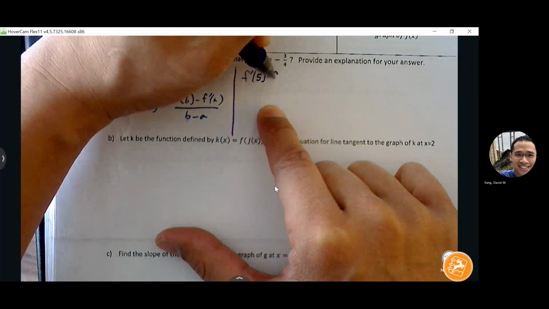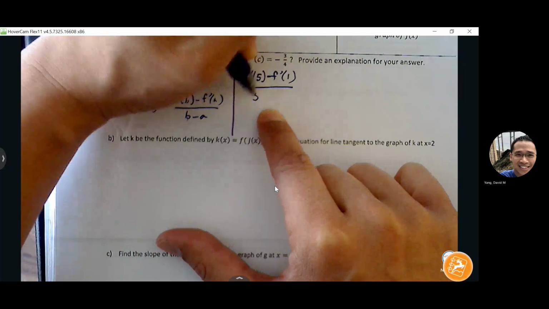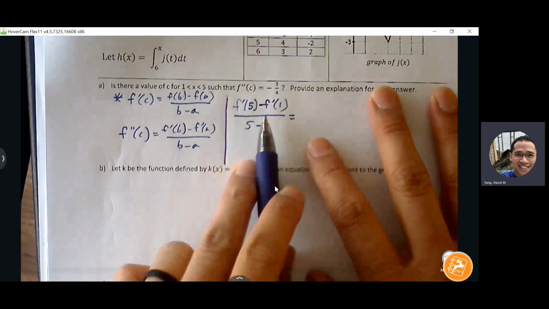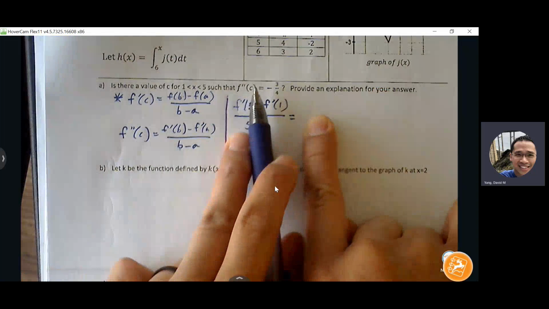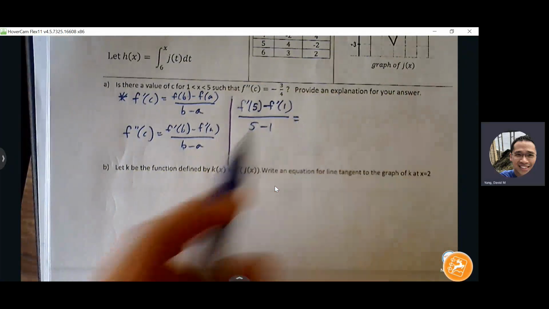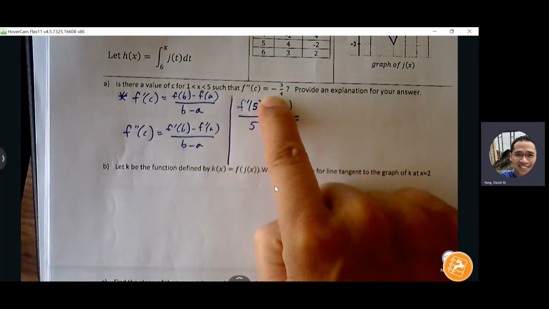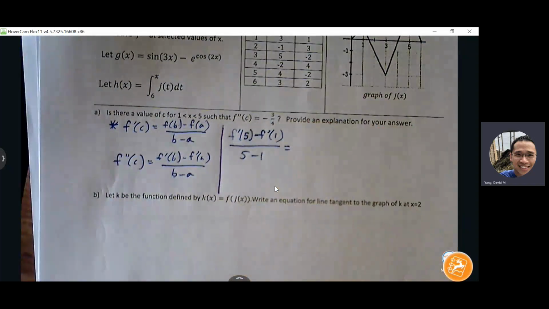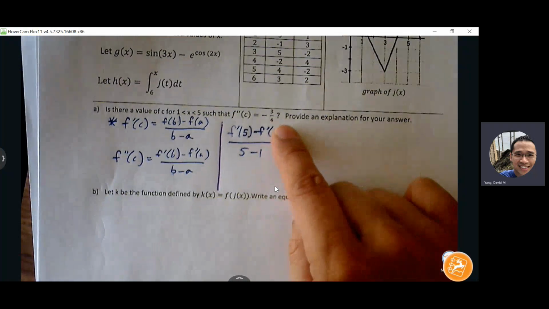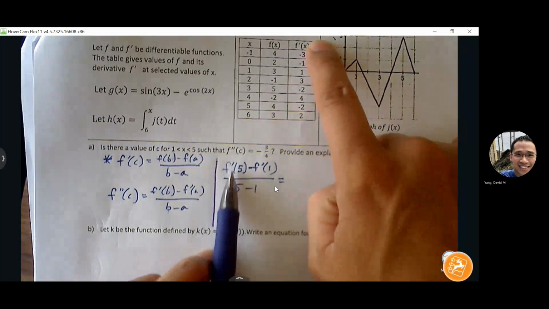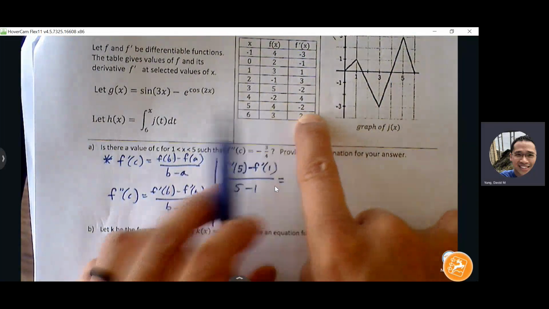So we're just testing to see if this will work out. If this is equal to -3/4, then we know we're in the clear. We can say that by mean value theorem, there must be a place where f double prime is equal to -3/4, but we have to confirm that this is actually going to be true. Is the slope between f prime of 1 and f prime of 5 actually going to show us a second derivative value of -3/4? All right, so what's f prime of 5? f prime of 5 is -2.